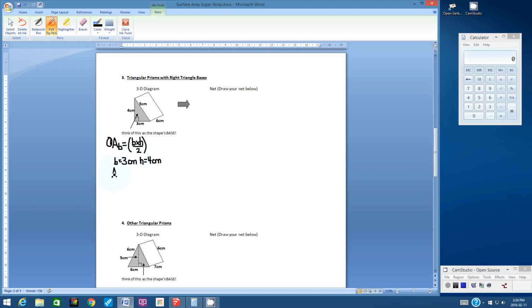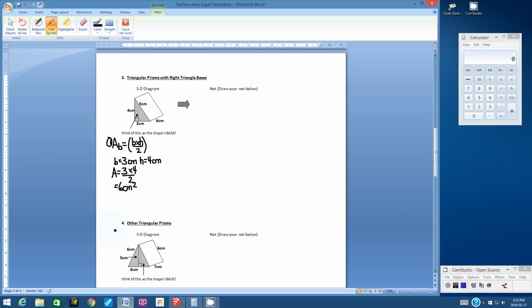Line 3, area equals base times height divided by 2. Well, 3 times 4, we can do mental math, is 12. 12 divided by 2. Now I've got my calculator here, so hopefully you've got yours as well, but I can do that mental math. 12 divided by 2 is 6 centimeters squared.